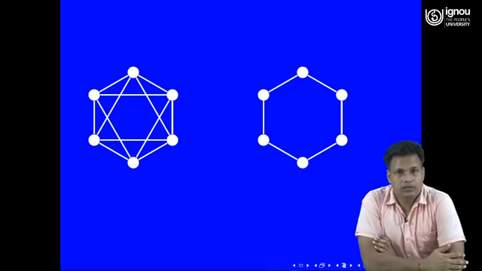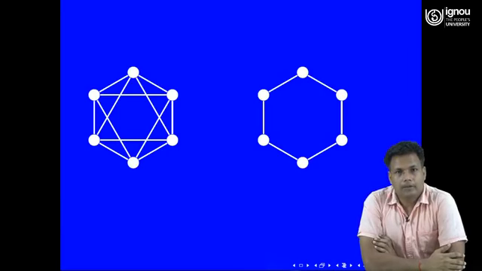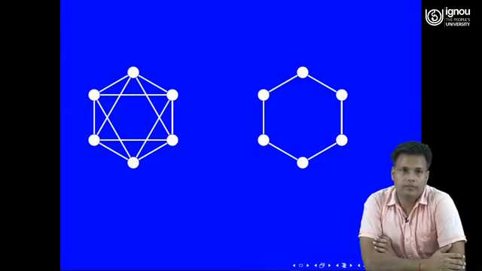For example, look at these two graphs. On the left, each vertex has degree 4, so this is a 4 regular graph. And on the right, each vertex has degree 2, so this is a 2 regular graph.